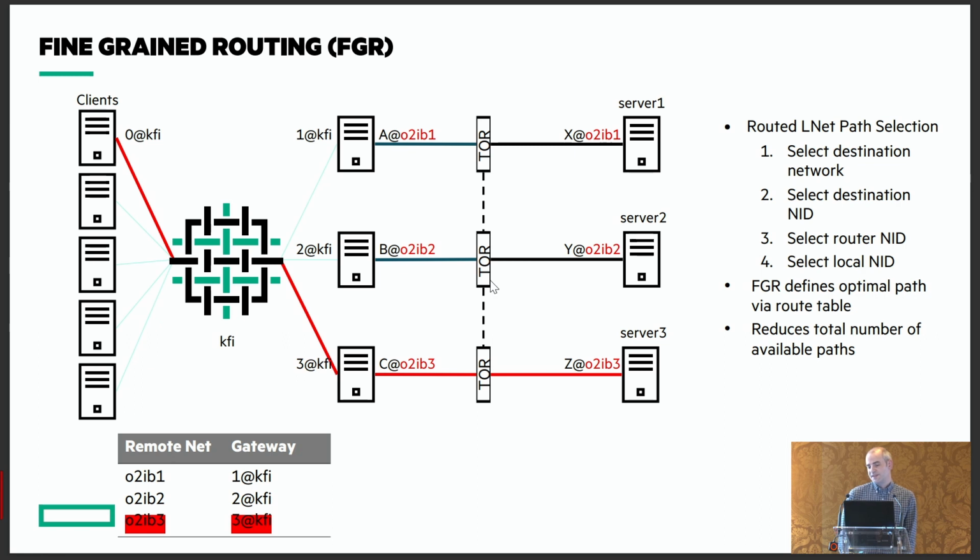This is a very simple example, right? In a real production system, you'd have multiple routers in each of these groups, for performance and redundancy. But it does reduce the total number of available paths. In this simple example, I can no longer use 2 of the routers to reach server 3 here.